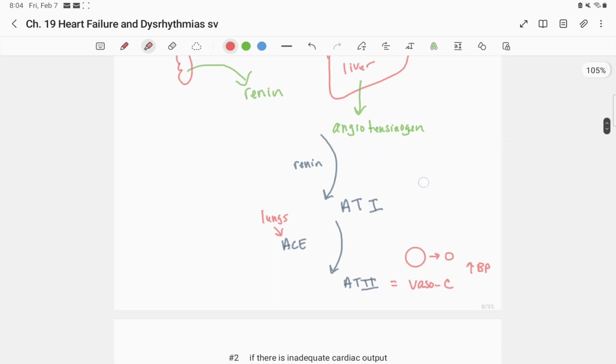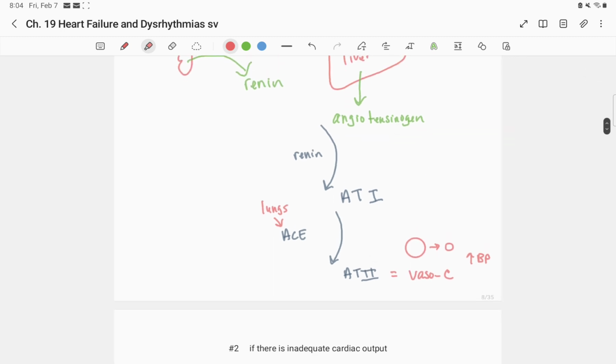Okay, so what's left is the aldosterone part. All right, so the adrenal glands make and release aldosterone.